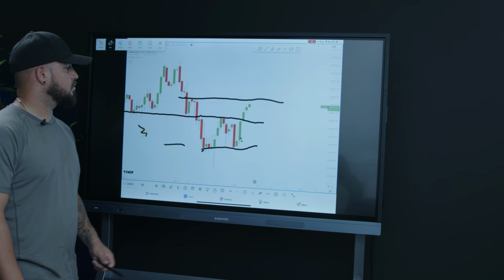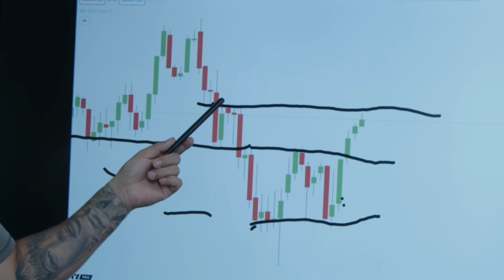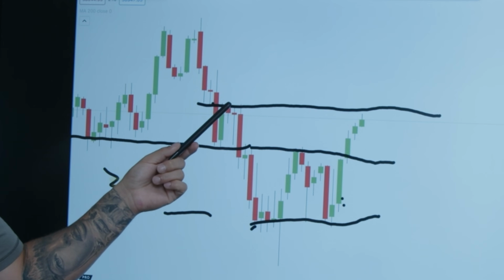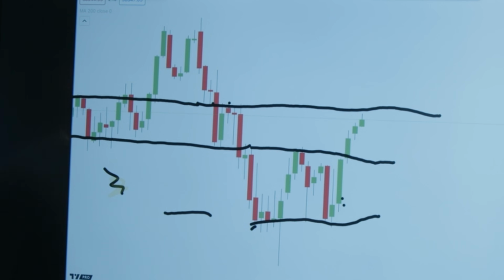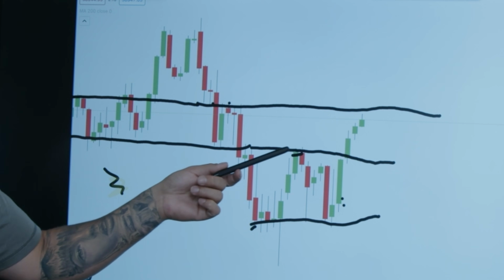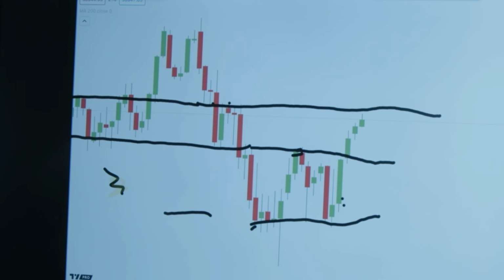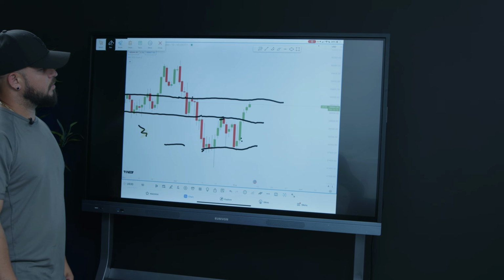Then you have the double top, then the market comes down, and there is support. For the market to go up to previous resistance, because there was previous resistance if you draw that line all the way, correct, to then the market break down again, go up to what used to be support, which is now resistance, to then go down to support, to then go up and break the resistance.